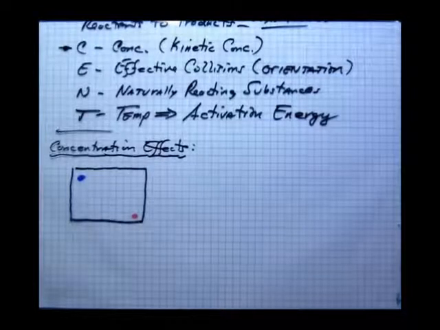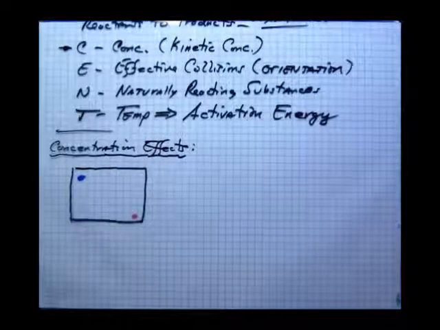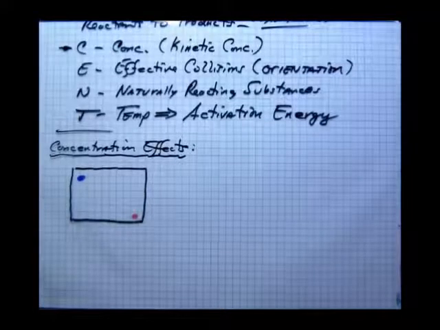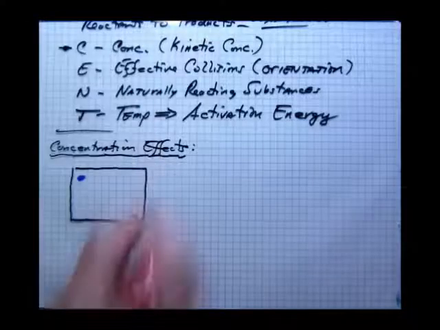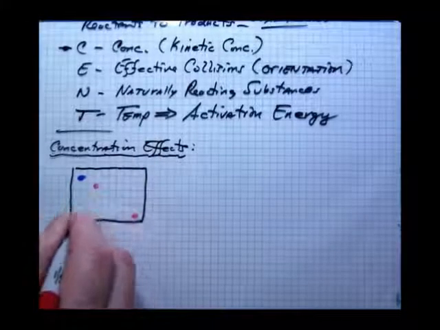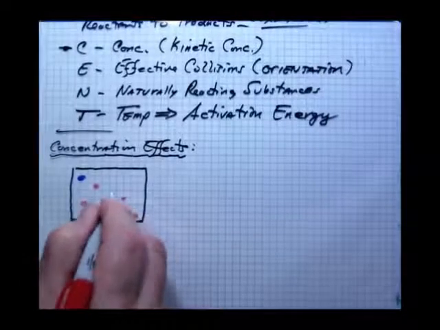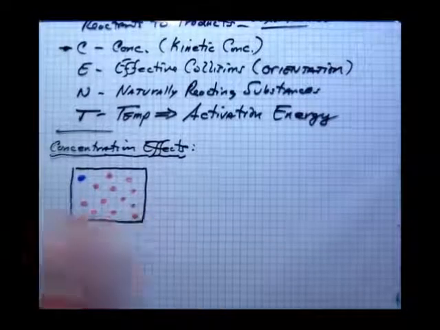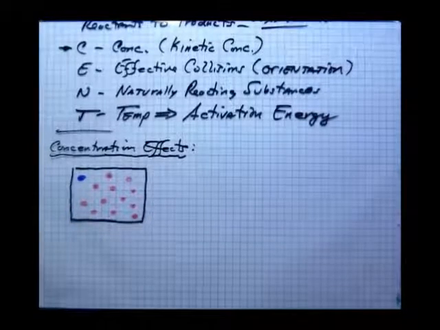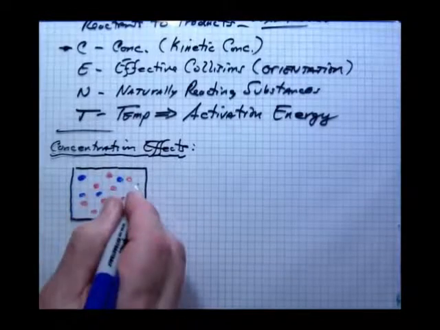One particle's in that corner of the room, one over here, they're moving around trying to find each other, the probability of them finding each other is very, very low. So what is suggested in the theory is that we increase the number of particles sufficiently so that the particles can find one another and have a better chance of reacting.